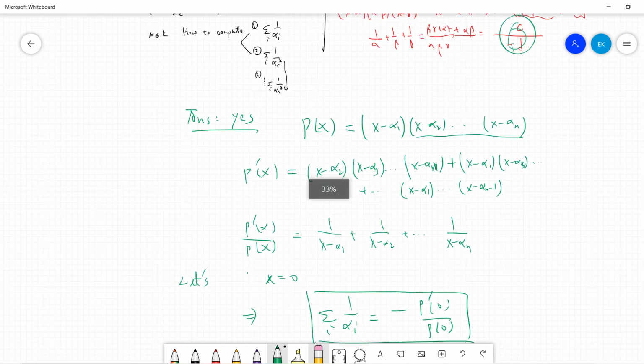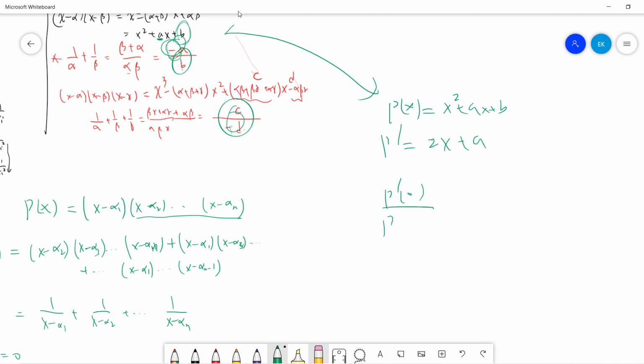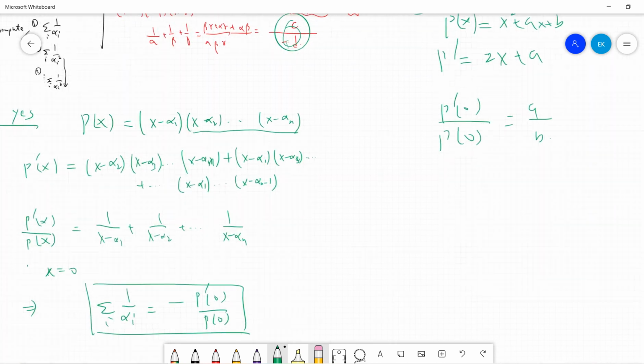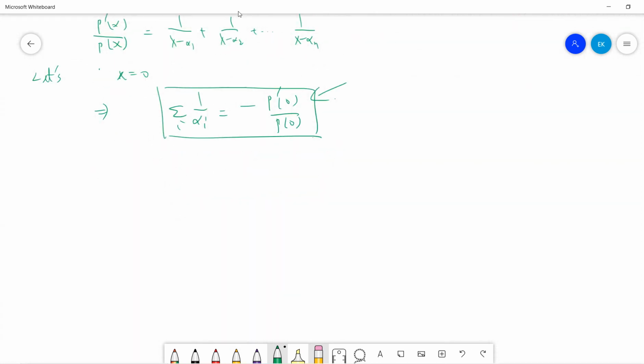Let's quickly see if this is correct. In this quadratic case, p of x is x squared plus ax plus b, so p prime is 2x plus a. So p prime of 0 divided by p of 0 will be a divided by b, and then there's a negative sign here, which is exactly what we get.